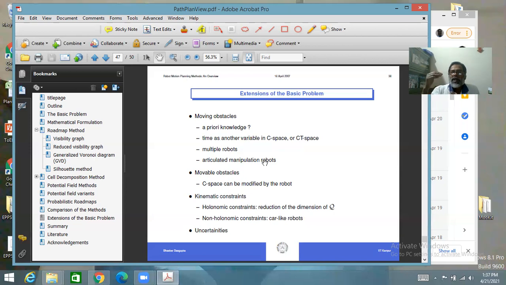For example, link 2 of a serially connected articulated manipulator, link 2 and link 4 will be mutually operating as obstacles for each other. Link 2 and link 5, they will also. Link 2 and link 6. Link 2 will not have any fuss with link 1 or 3 because for them the joint was designed in such a manner, because that is a single degree of freedom motion, so that you can settle at the time of design itself.